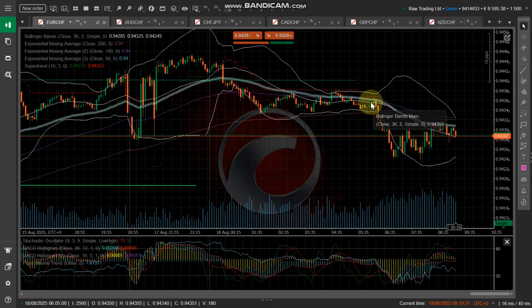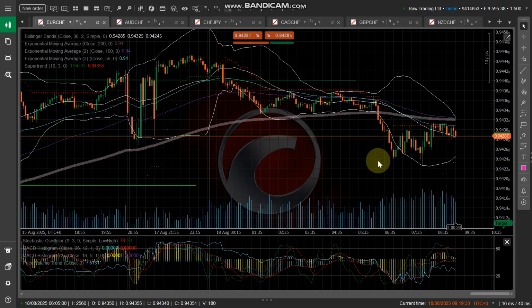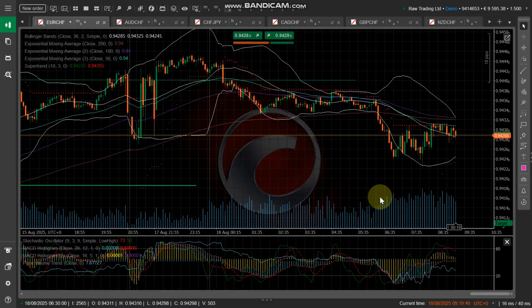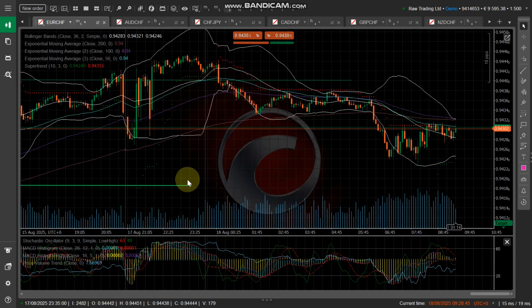Sideways market until right 5 o'clock, 6 o'clock. Something happening before the London open at this candle. Where am I now?